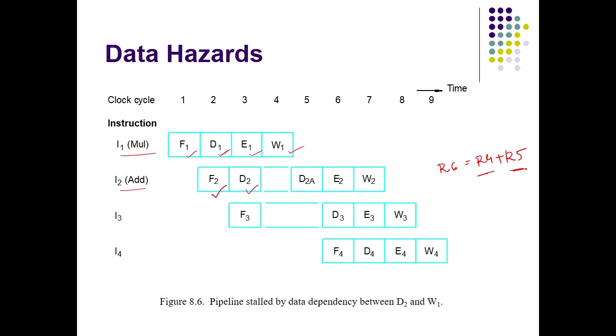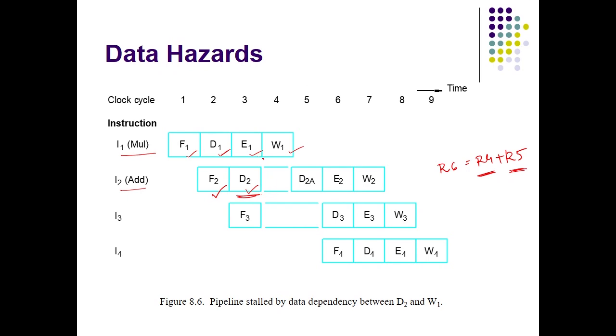R4 and R5 should be brought to the processor, ready before the ALU, because execution mostly happens in the ALU. These two operands must be available after the decoding unit, because after that there is the execution unit.